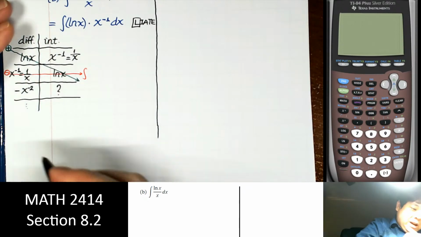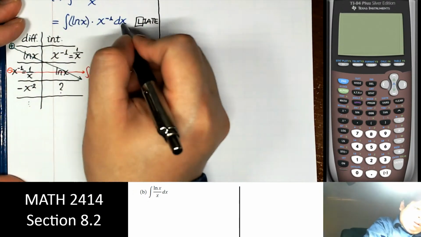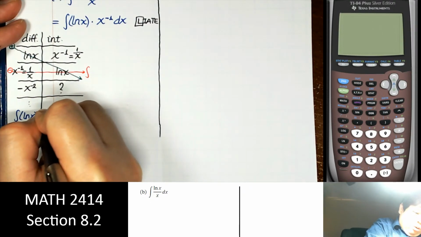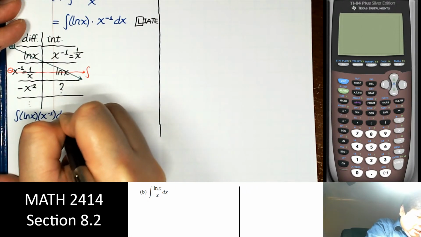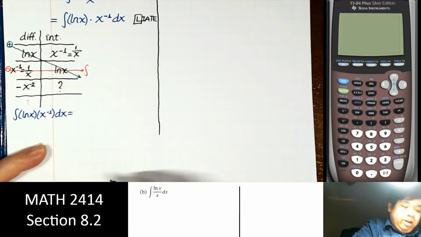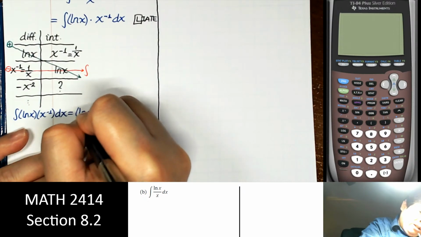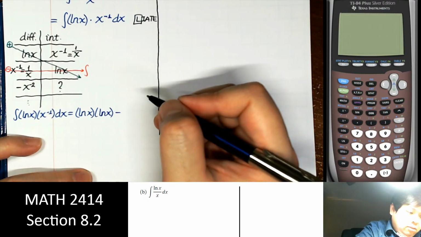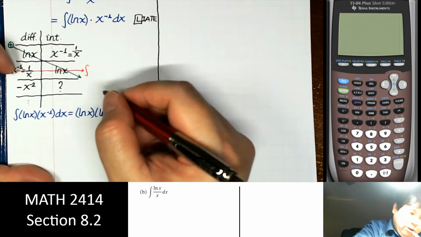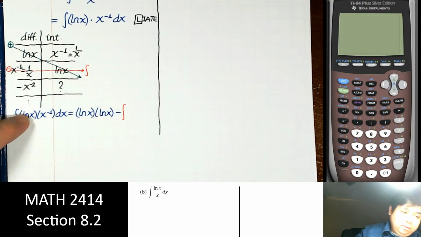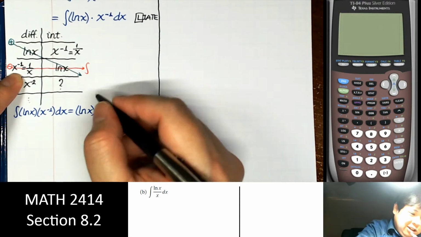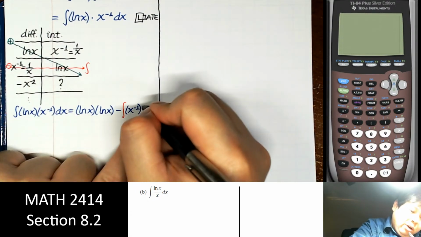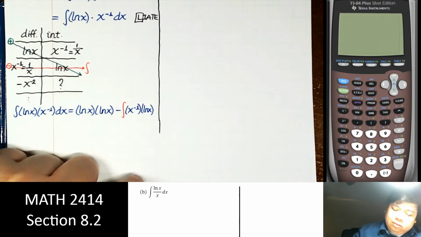Right, so I will write this out. We start with the integral of ln of x times x to the -1 dx, equal to ln of x times ln of x, minus the integral of x to the -1 times ln of x dx.